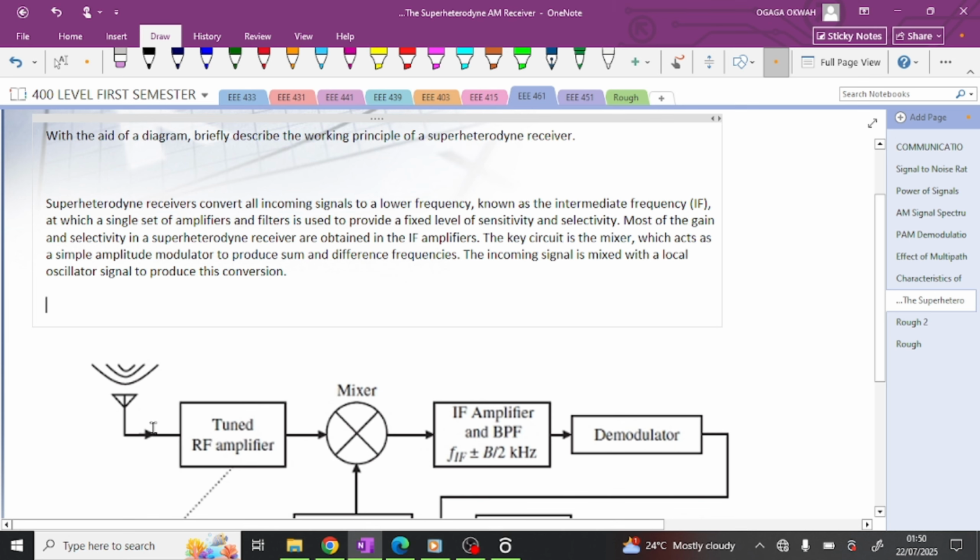You can see it here, IF plus or minus B over 2 kilohertz, where B is 10 kilohertz for AM and 200 kilohertz for FM.